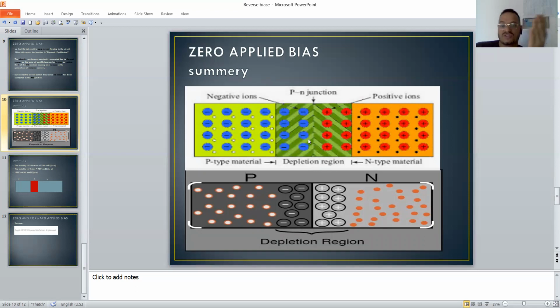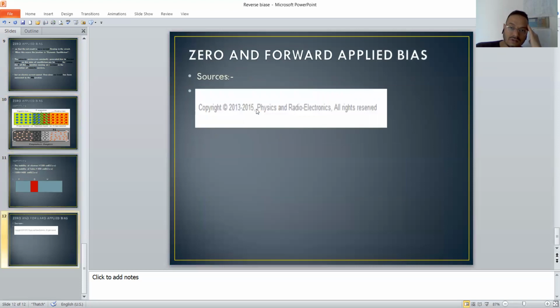Why? Because the mobility of electrons in silicon reaches 1,350, but the mobility of holes is something like 450. That means the mobility of electrons is more than the mobility of holes, so the N region at normal condition will be bigger than the P region.